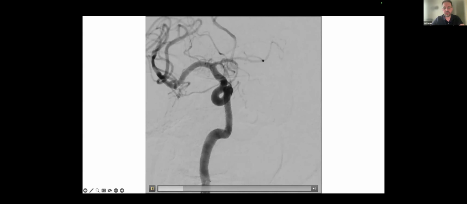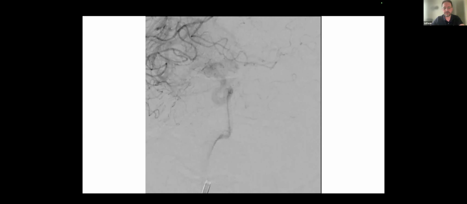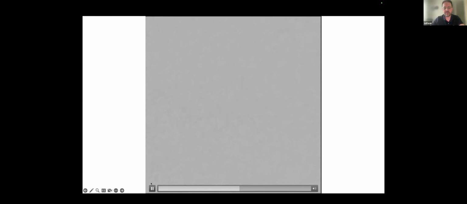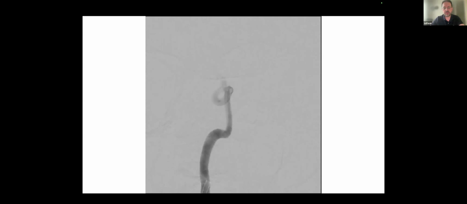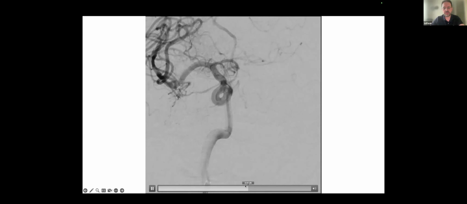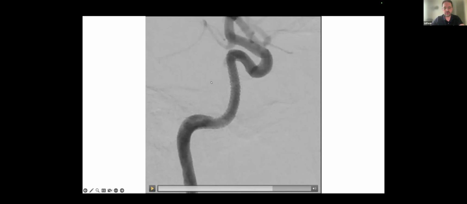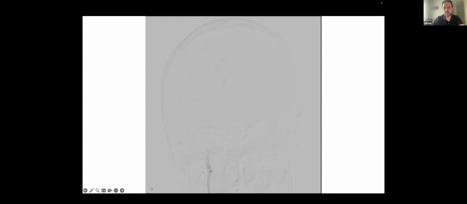If we see the control angiography, the fistula was completely obliterated. Not completely, sorry, because we can still see here at the edge of the stent a very small flow. But I was very happy with the results.